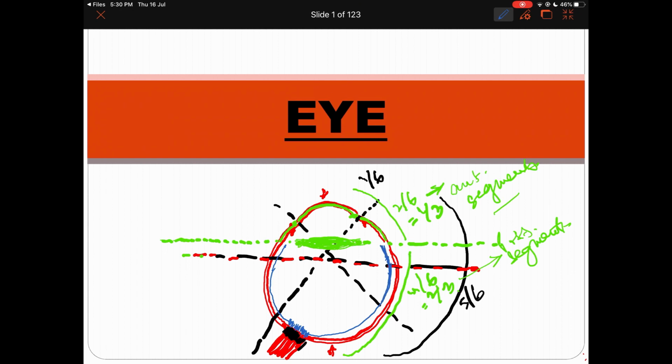This is called the choroid 4/6. This is highly vascular and pigmented.